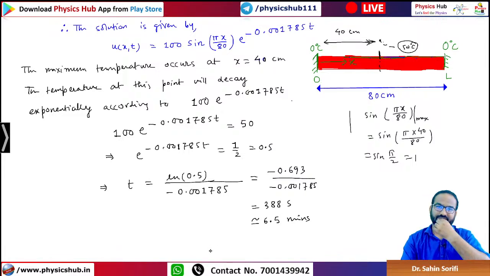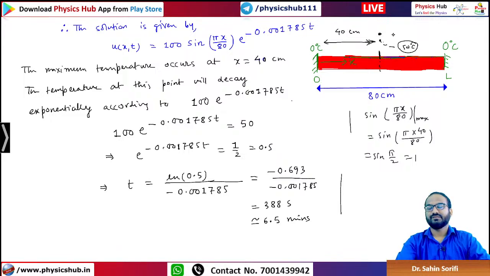So you can see that if you put t equals to 0, and this is the maximum temperature at this point, so it is like initially 100 degrees centigrade was there. If you put t equals to 0, x equals to 40, means it is the initial temperature at the mid of the bar. So from this formula we are getting 100 degrees centigrade.